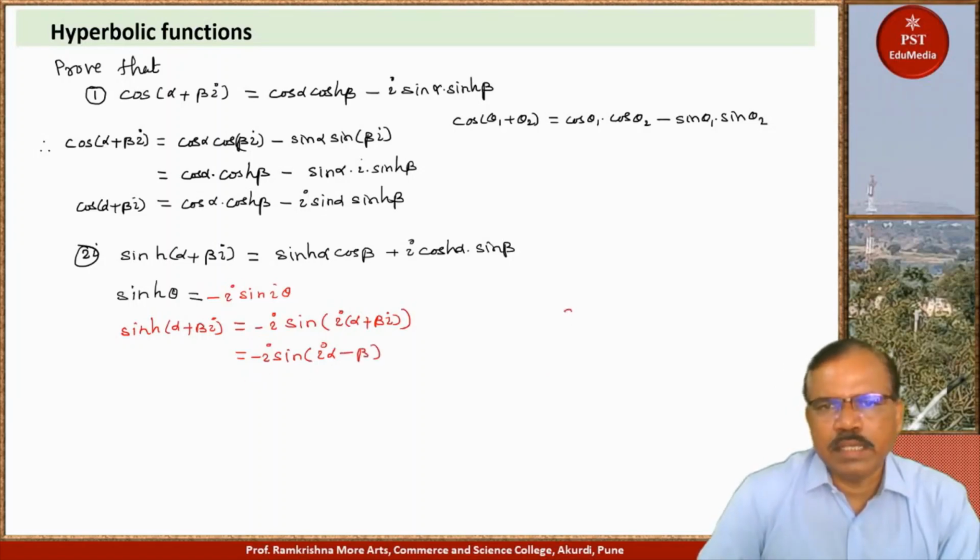And we know sin of theta 1 minus theta 2 is sin theta 1 cos theta 2 minus cos theta 1 sin theta 2.